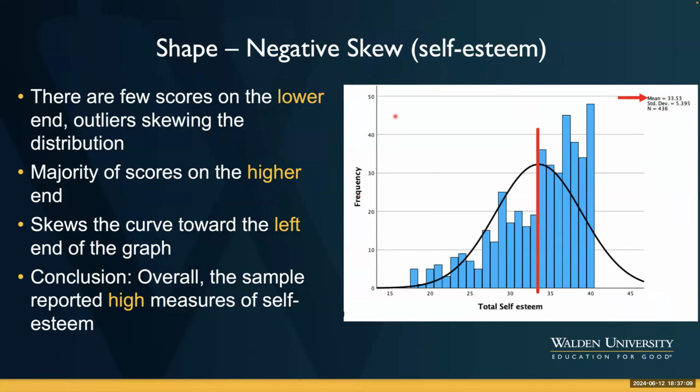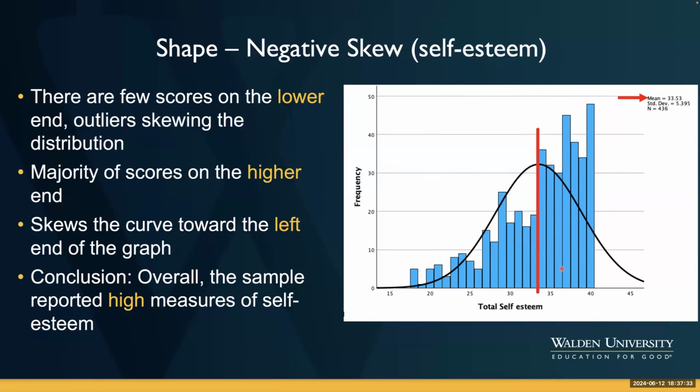And we see that there are few scores on the lower end. It looks like there's more space here, but I'm looking at the frequencies. Notice these frequencies up here close to 50. So close to 50 people scored a 40. So most of the people scored here. Again, you have fewer scores on the lower end, and this is that negative skew.